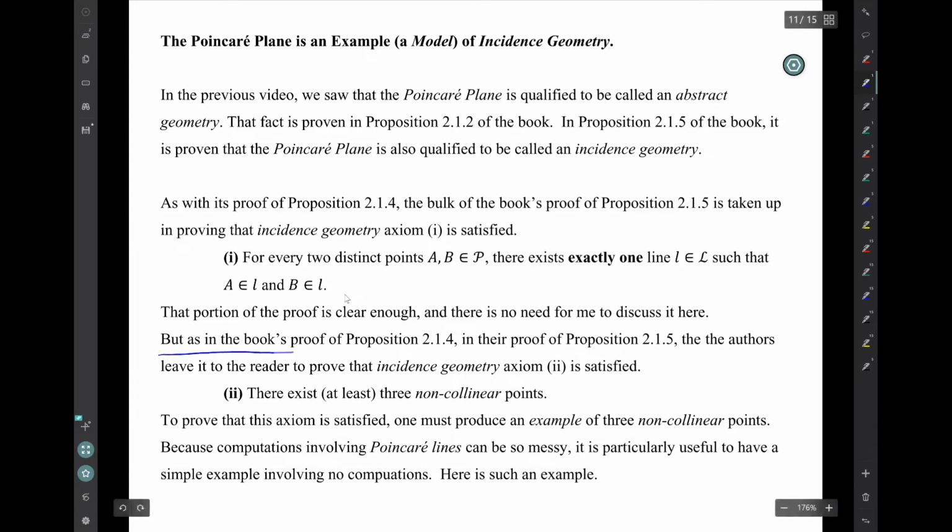But as with the book's proof of Proposition 2.1.4, that is the proof that the Cartesian plane is a model of incidence geometry, in the proof of this new proposition, that the Poincare plane is a model of incidence geometry, they leave it to the reader to prove that incidence geometry axiom 2 is satisfied.